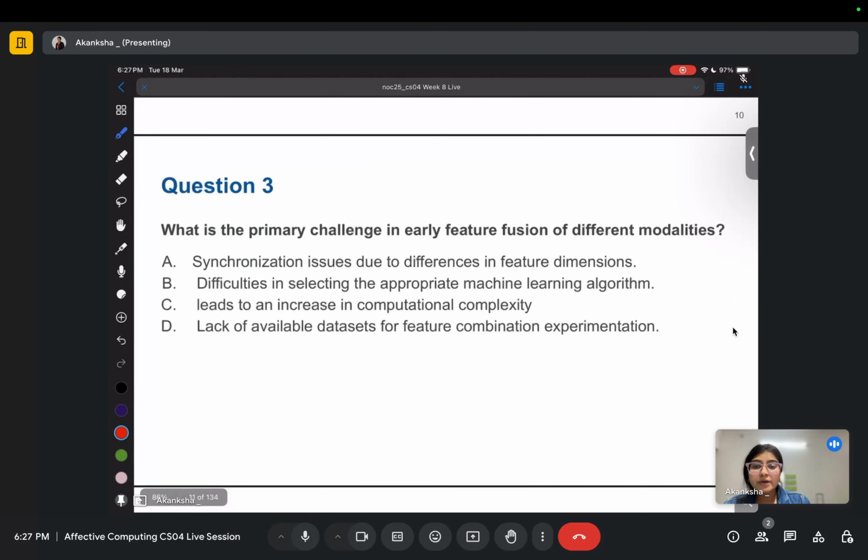Okay, what is the primary challenge in early feature fusion of different modalities? Synchronization issues, difficulty in selecting the appropriate ML algorithm, an increase in computational complexity, lack of available datasets.